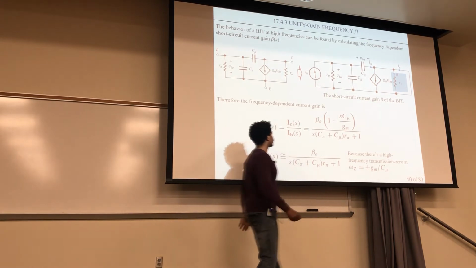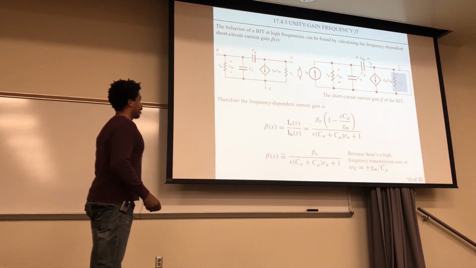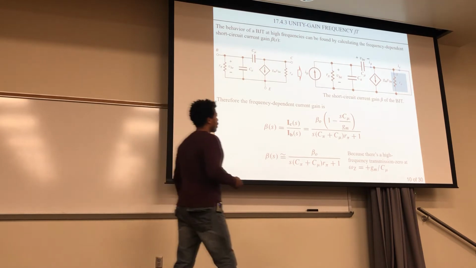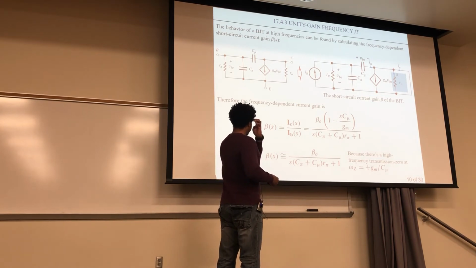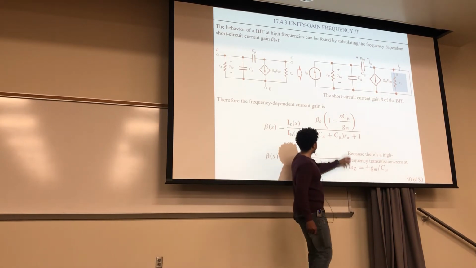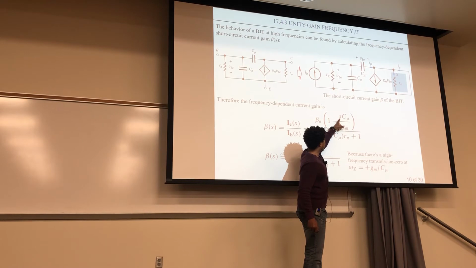Now, the book says that because there's a high frequency transmission zero at this frequency, and you can see this frequency right here. Now, for there to be a zero, the numerator has to be zero, this has to be multiplied by this, and this whole expression here needs to be 1 to cancel out with that.